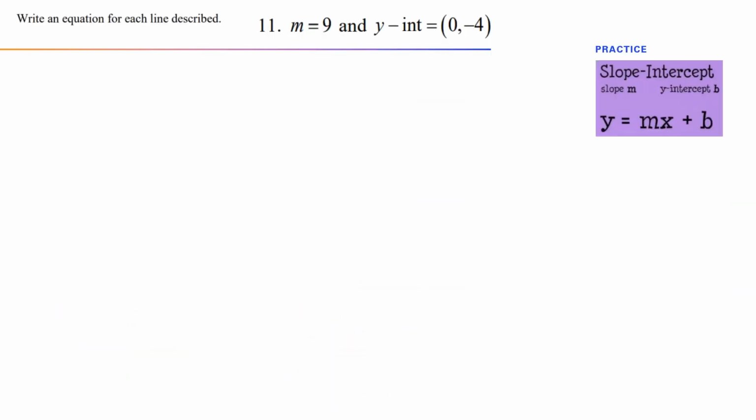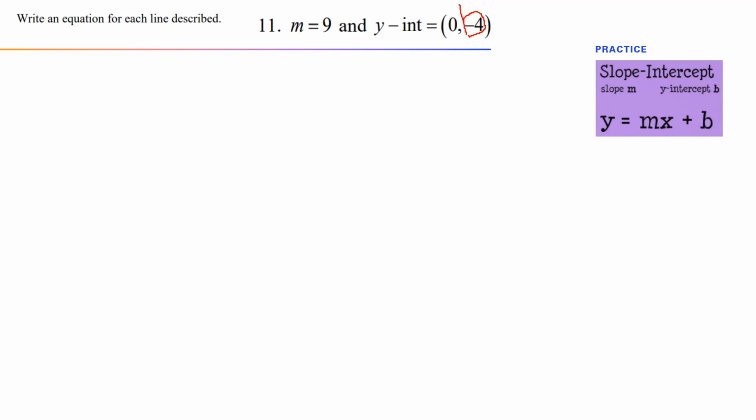Alright, so the first question for this video is question number 11, and here they give m and the y-intercept. That is the slope-intercept form. So we know this one is our b, right?